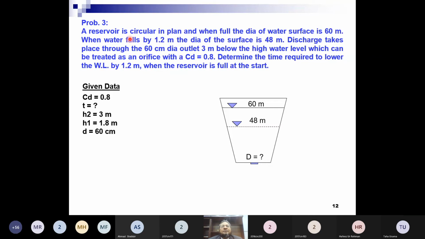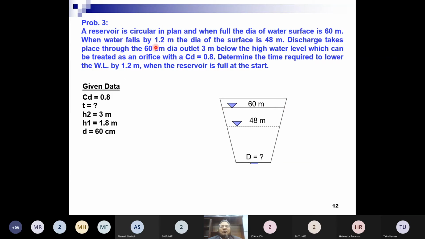A reservoir is circular in plan. If you see in plan, it is circular. It could be a square or rectangular, but this is circular. And when full, the dia of water surface is 60 meter. For example, if it is here, it is full, then the diameter is 60 meter.